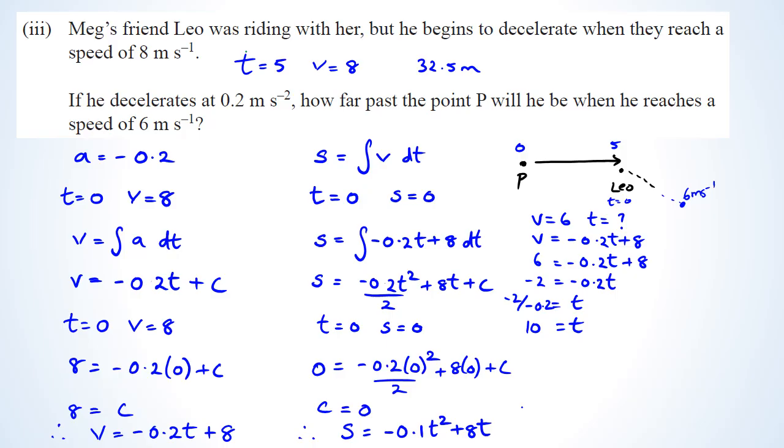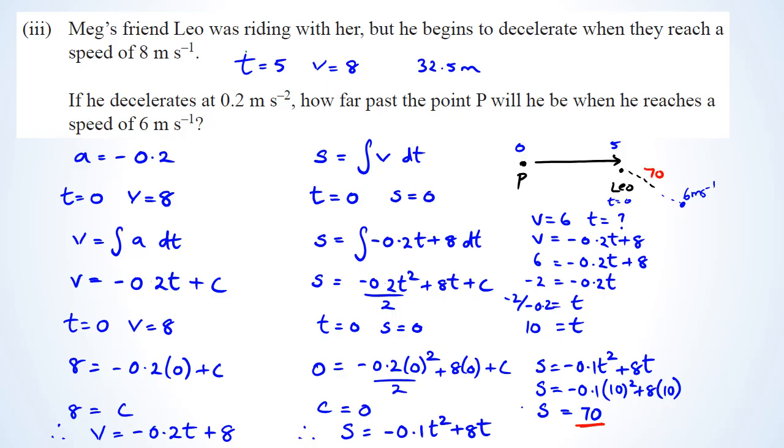Let's see if I can actually do it here. So S is equal to negative 0.1 t squared plus 8t. So S is equal to negative 0.1, t is 10, so 10 squared, plus 8 times 10. And S is equal to 70. So this particular 70 is here.